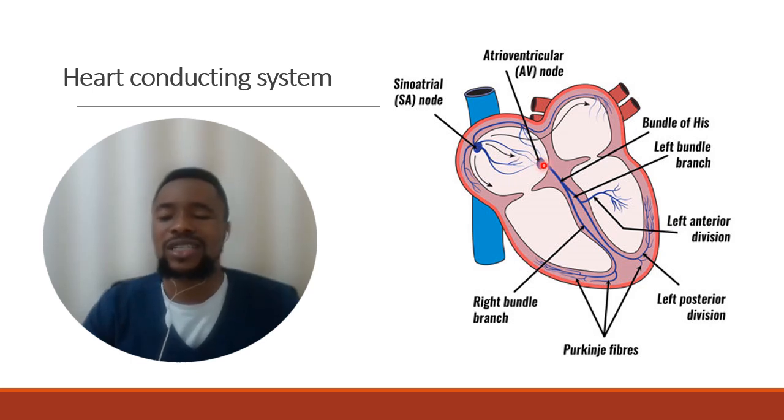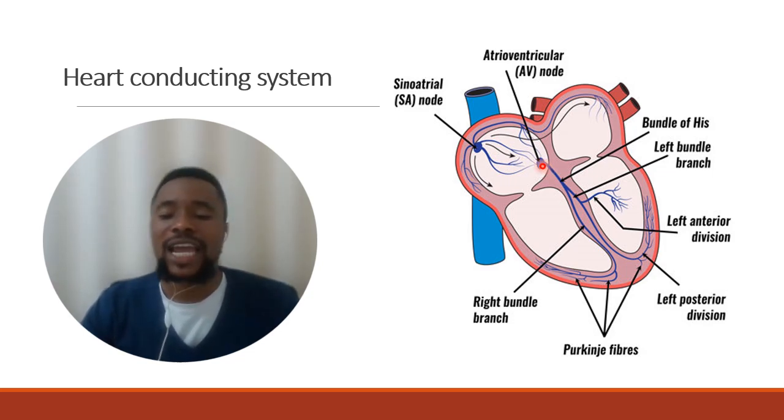The AV node is called the AV node because it's in between the atrium and the ventricles. So it's regarded as the AV node. Now the AV node is a group of cells, so they help to transport this impulse into the ventricles. So it's at the junction. So any rhythm that is being paced by the AV node is regarded as a junctional rhythm.